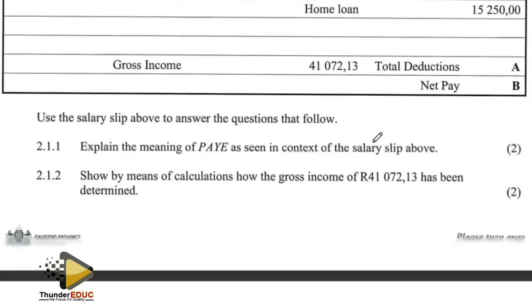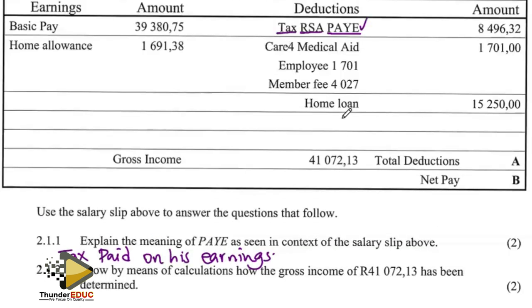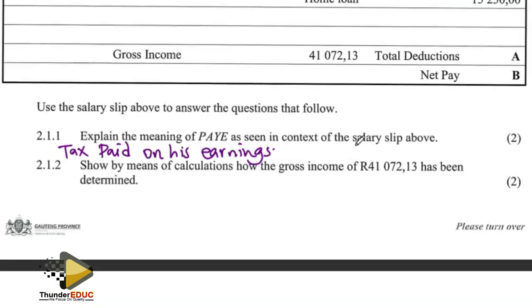But in this context, we are looking at it as tax paid on his earnings. They didn't say what does PAYE stand for, but they said what's the meaning of PAYE in this context. It means tax paid on his earnings.